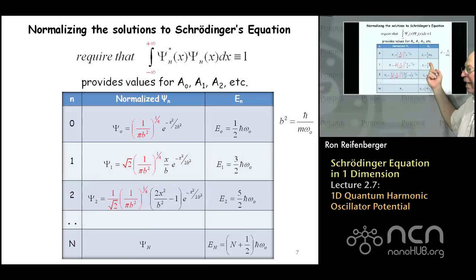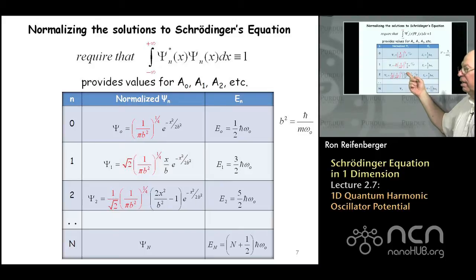So you've got this discrete ladder of allowed energy states given by solutions to Schrödinger's equation, and I also list the normalized wave functions, or eigenfunctions, for each quantum index n.